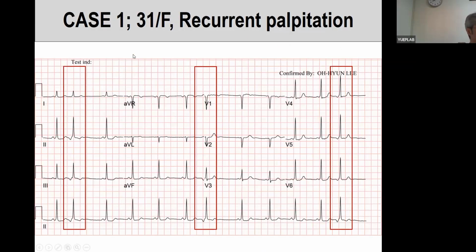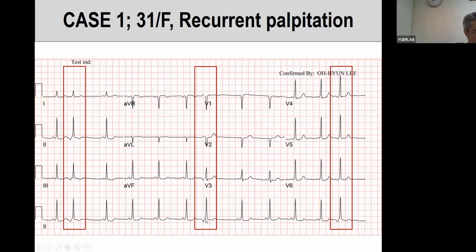Okay, let's move to cases. A 31-year-old female complaining of recurrent palpitation. This is her ECG at rest. Sinus rhythm. We can see a small delta wave here. Sometimes PACs appeared.